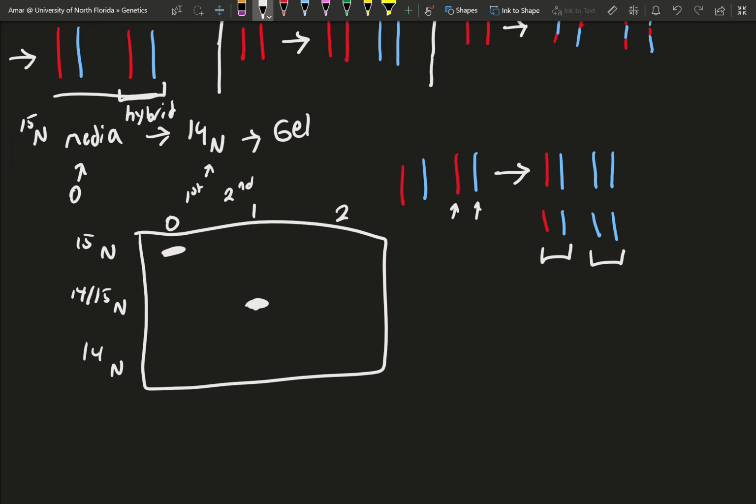You would have two bands, one at the hybrid spot and one at the N14 spot, and that'll confirm that you have a semi-conservative model of replication. So that is semi-conservative.